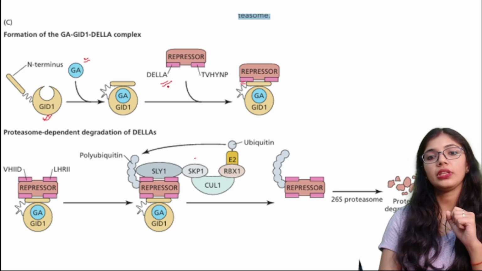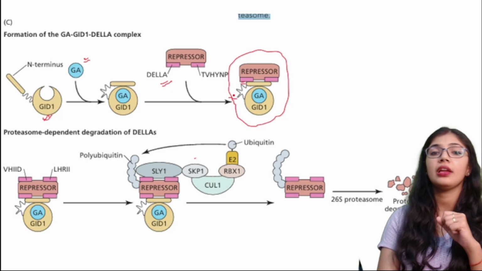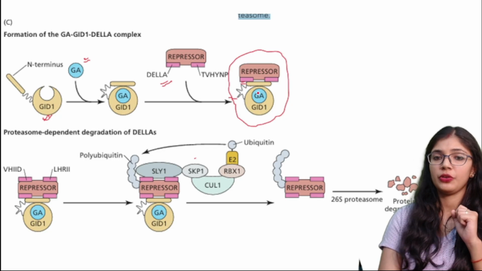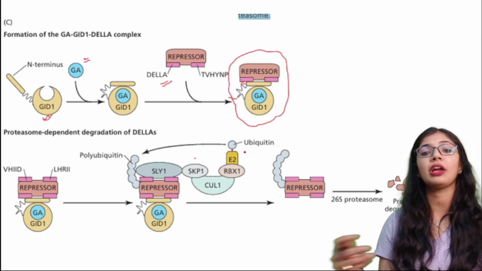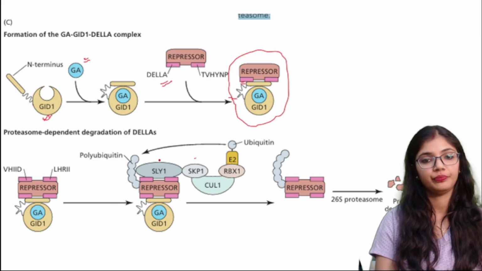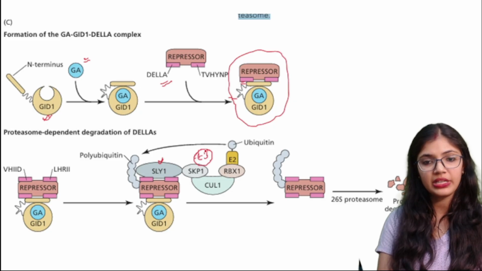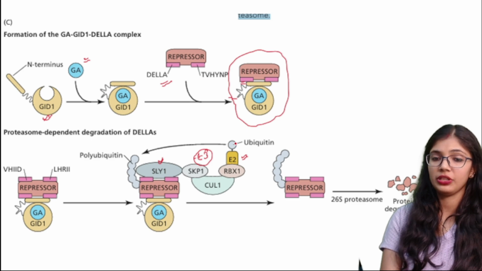After the recruitment of this repressor, it forms a complex and this complex is polyubiquitinated. So this repressor protein is being polyubiquitinated. For that it needs to form a complex with SLY and SKP1. This is the E3 ubiquitin ligase, and the E2 over here carries a ubiquitin with it.